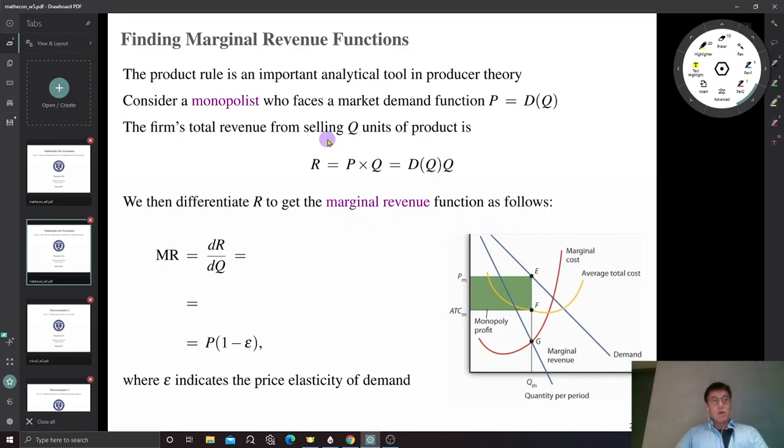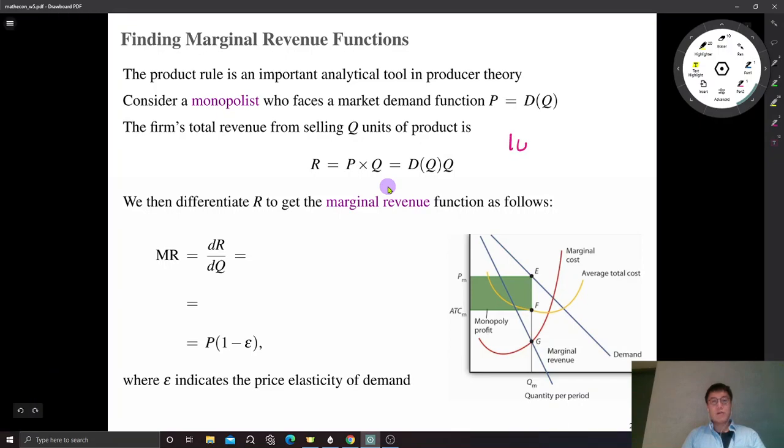All right, then we regard R, the revenue function, as a function of quantity, and then compute the marginal revenue function. So marginal revenue means the additional revenue this monopolist can make by selling one more unit. Okay, so suppose this monopolist makes 100 million from selling 100 units.